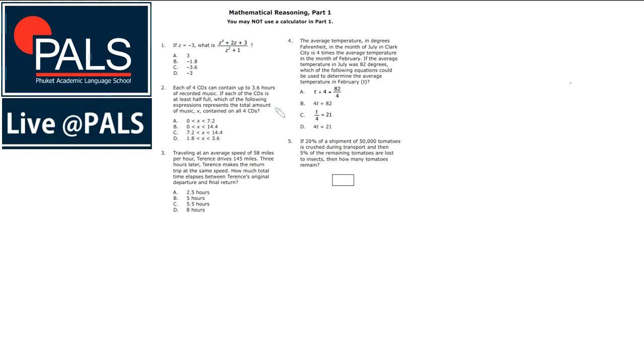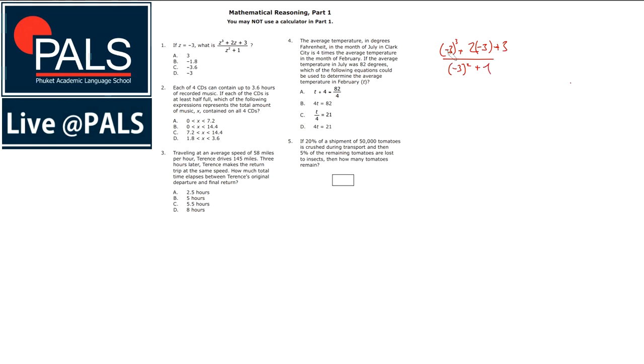All we do here is put -3 into the equation for z, so that is -3 cubed plus 2 times -3 plus 3 over -3 squared plus 1.